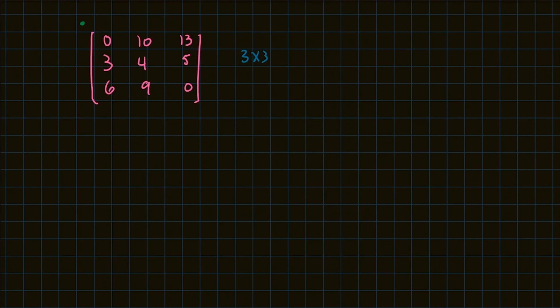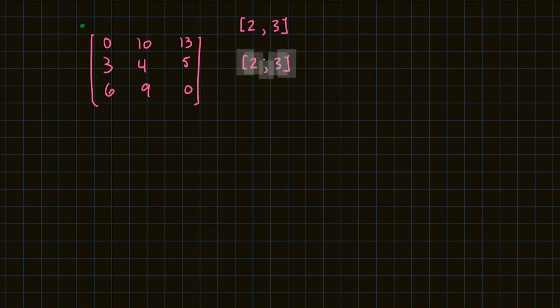So always start at the top left corner when you're navigating a matrix, because like I mentioned earlier, if I wanted to find the entry that corresponds to 2, 3, this entry here corresponds to the second row and the third column.